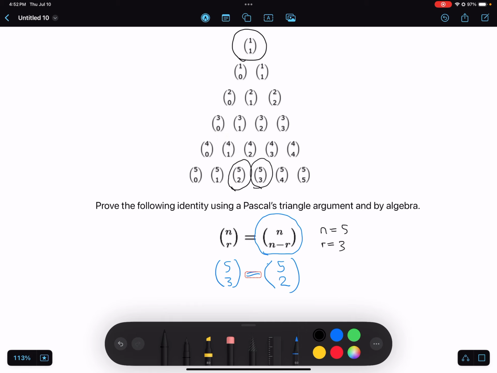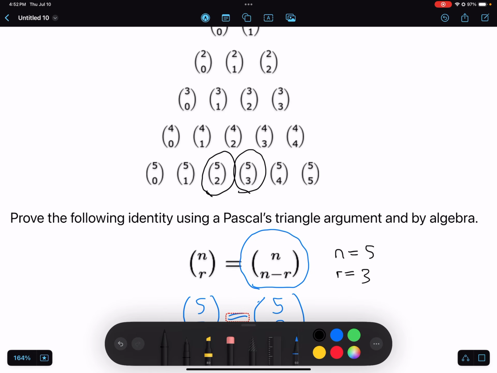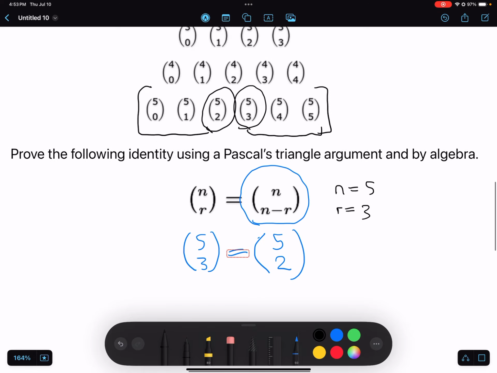They're right next to each other. You'll also note that 5 choose 3 is 2 entries from the edge of the row. The last n choose r number in the row is 5 choose 5, and the first one is 5 choose 0. 5 choose 3 is 2 entries from 5 choose 5, and so is 5 choose 2 from the first entry. So they're mirrors of each other, or symmetrical, you could say.